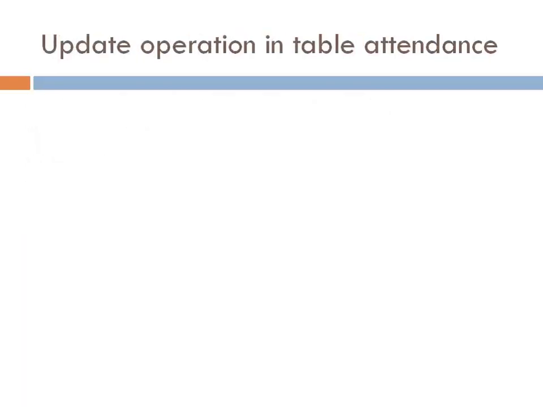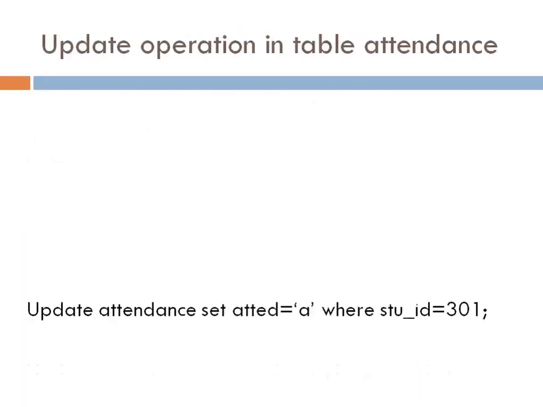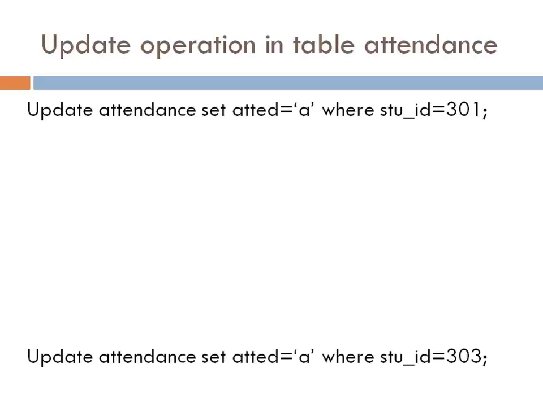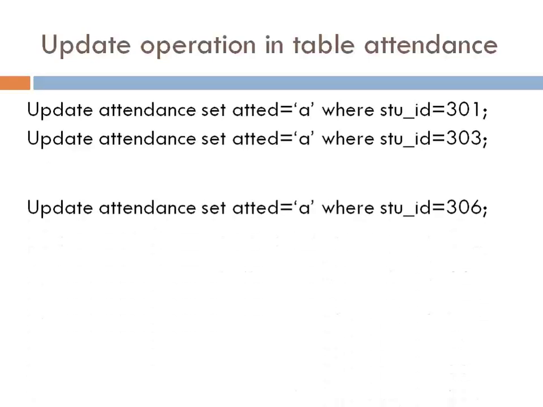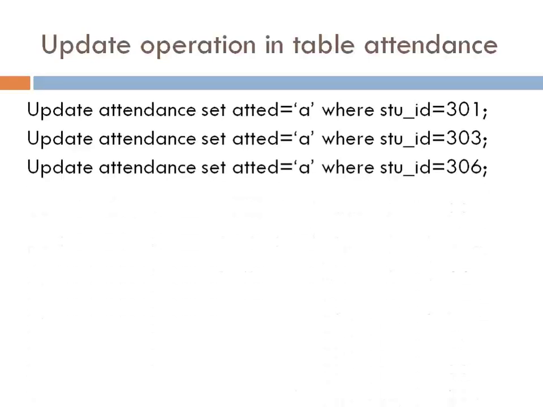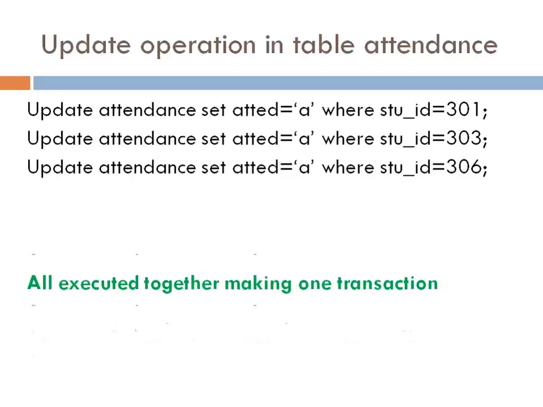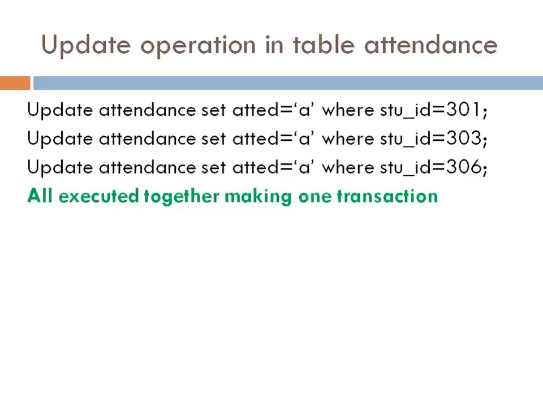Then the update operation in the table attendance. Here are the activities that I have done in update. For student ID 301, 303 and 306, I want to update their attendance as absent. Since when I use live SQL, all these activities were executed in one shot, they are taken as one single transaction.